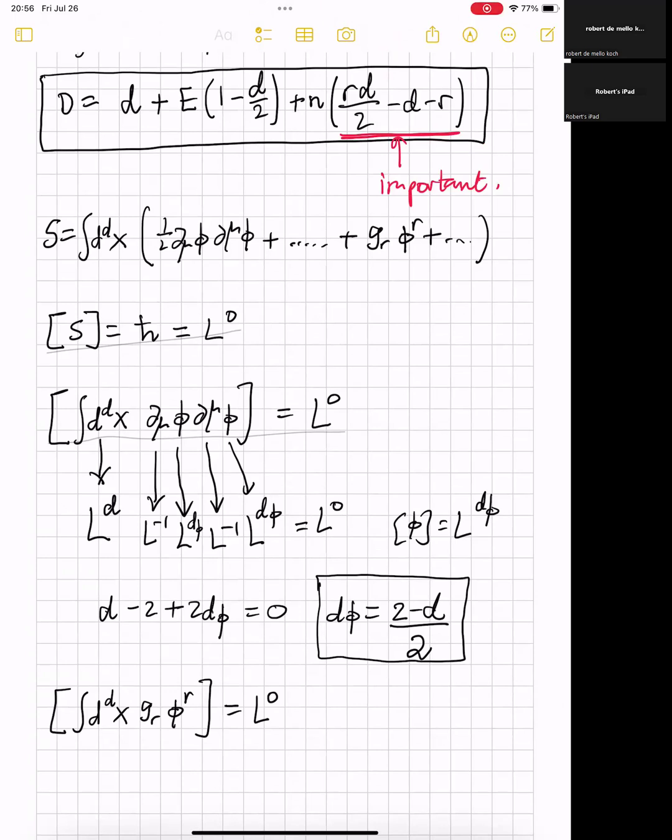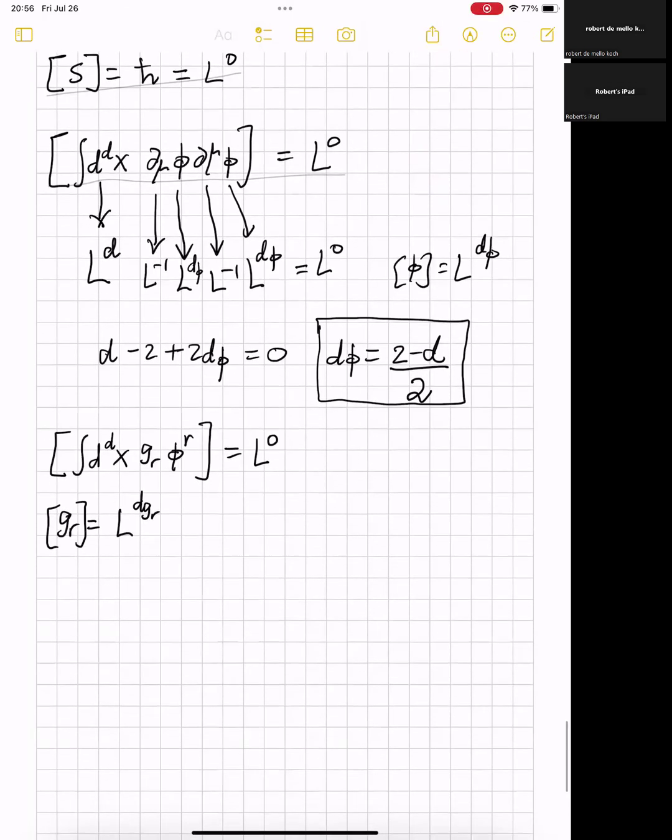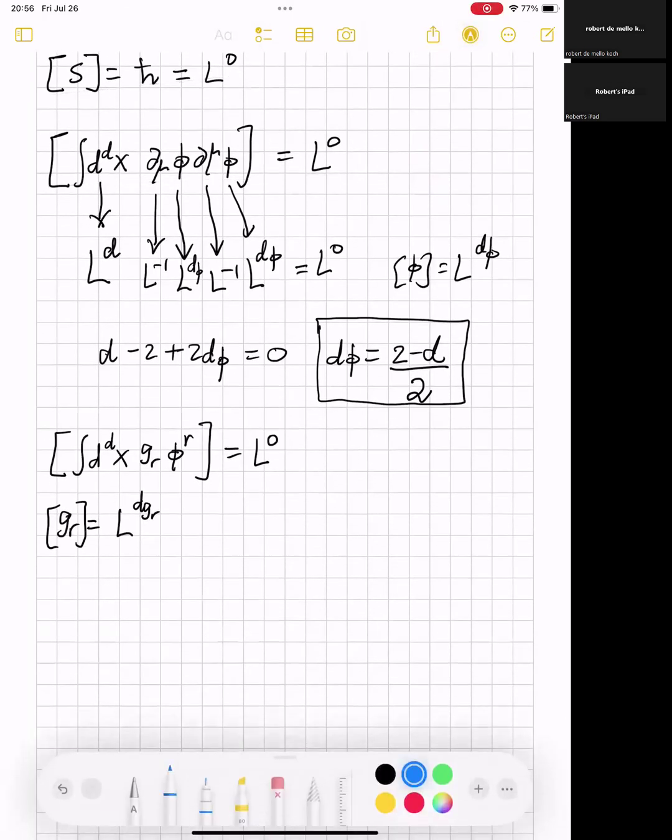And we know that we're going to say that g_r, the dimensions of this is L to the, let's call it d_gr. Okay. And let's see what this is. Okay. So looking at this expression over here. Okay, so sorry, let me move this out of the way. This is going to get in the way. Let's put that there. Or maybe put it there.